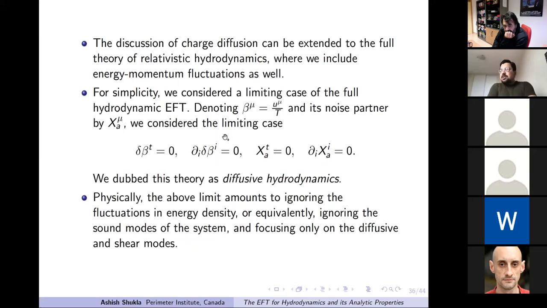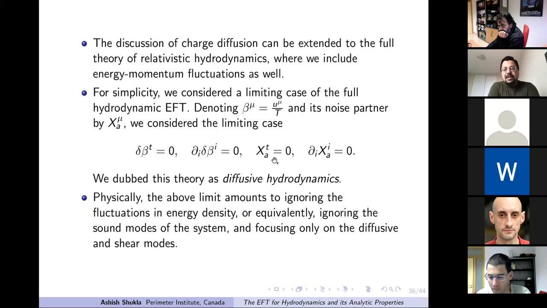But what we did was we took a limiting case of this full relativistic hydrodynamics, obtained by imposing the condition that I'm going to set my fluctuations in the time component of β to be 0 and δβ^i to be 0, and correspondingly, X_A^μ is the noise partner associated with this field β^μ, and I will set X_A^t to 0 and ∂_i X_A^i to 0.